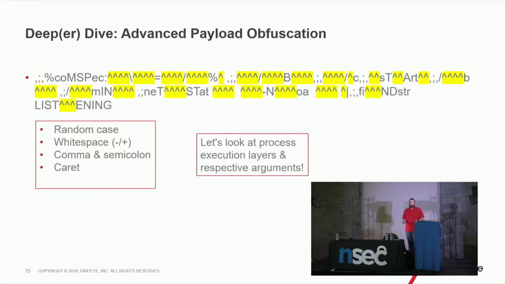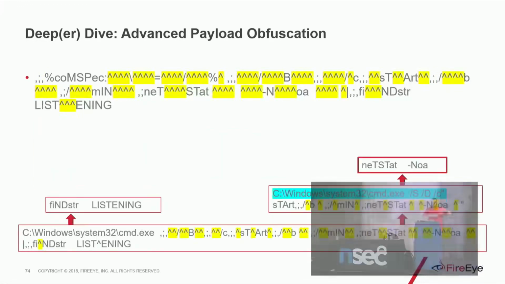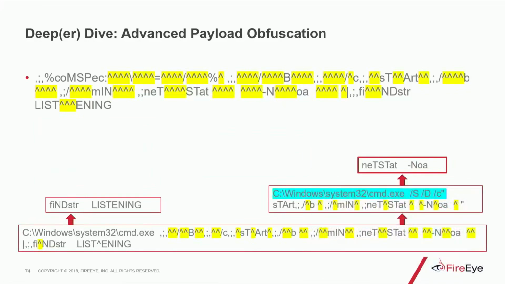We can add tons of caret characters, and we can escape at multiple levels depending on the functionality we want to exist, depending on how many child processes we have. And if we run this, look, the process execution is like bottom up. We'll see that we get this interesting intermediate command that's highlighted blue.